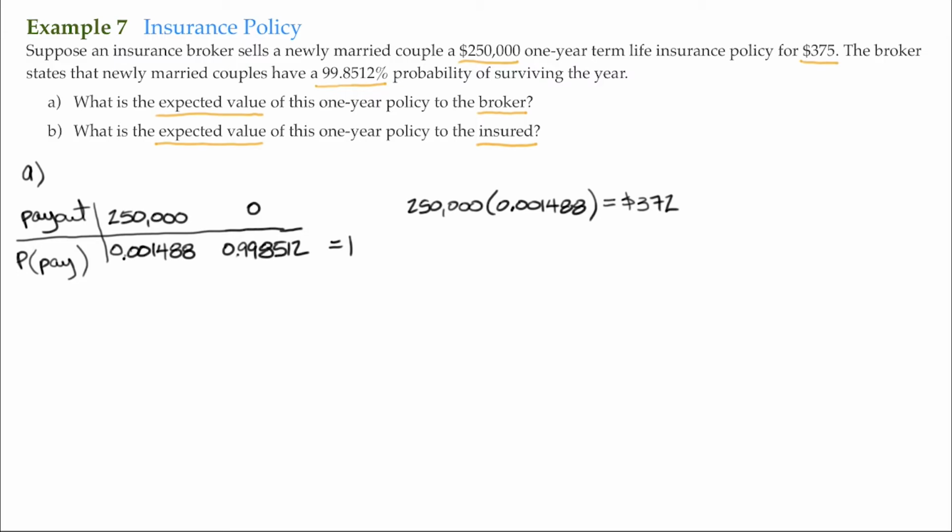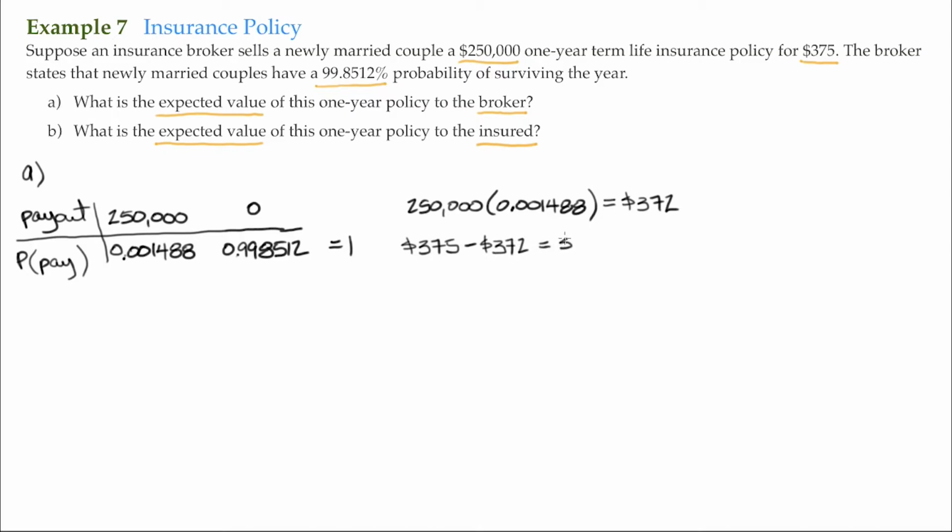So what does that mean? That means that the insurance policy costs $375. The broker, in the long run, he's going to take that money and he has to invest it so that it grows into the $250,000 policy. So that's going to be $375 minus $372.